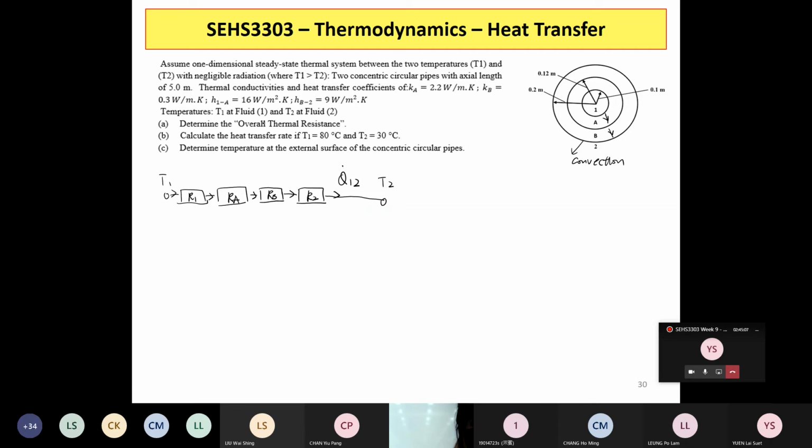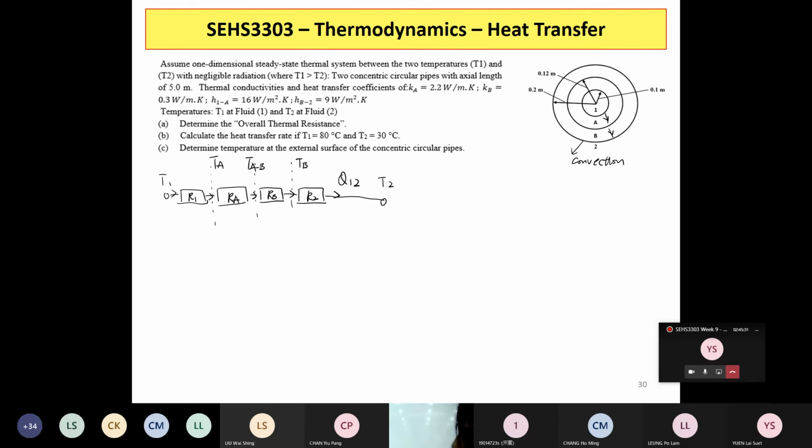Okay, but here we have TA, and here the middle surface of A and B should be TB, right? We'd like to calculate the value of TB, right?